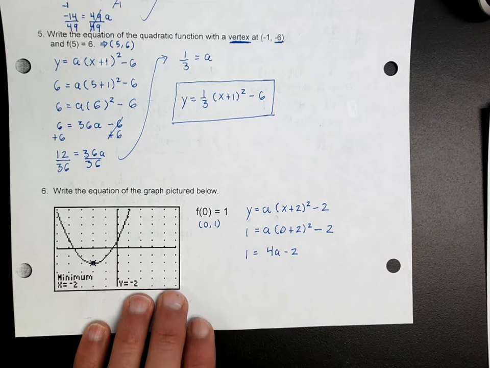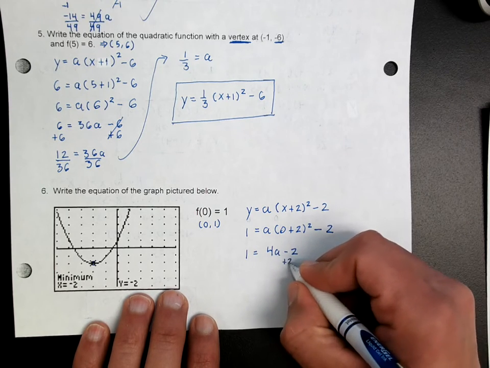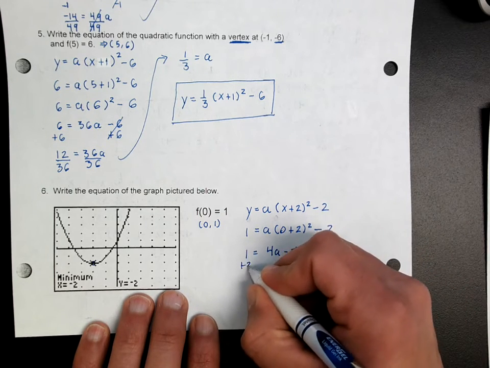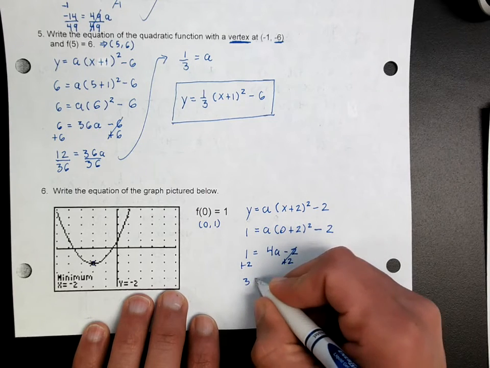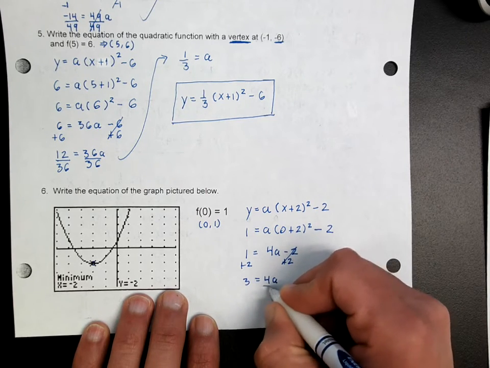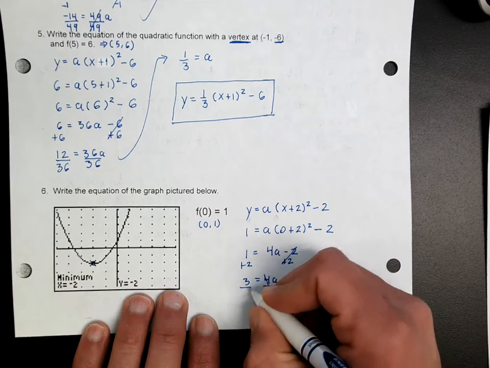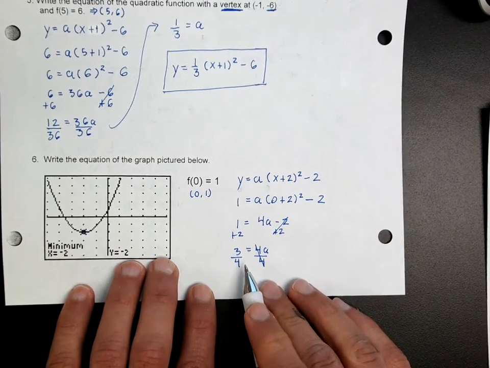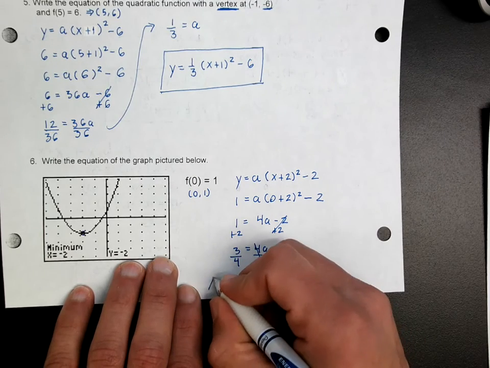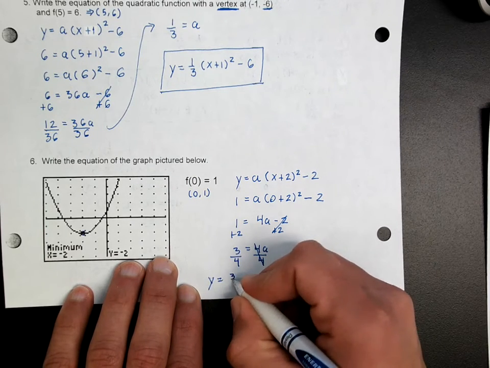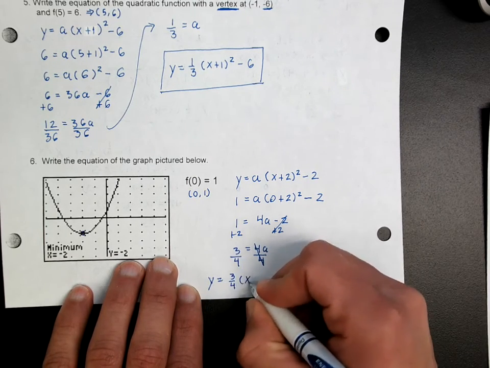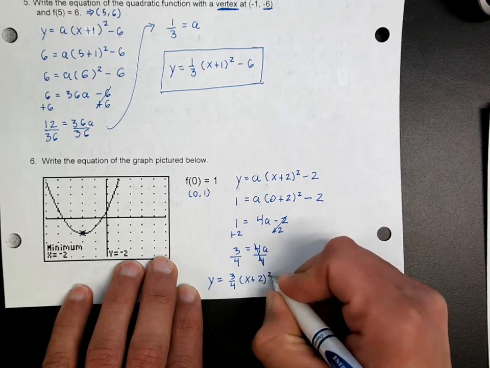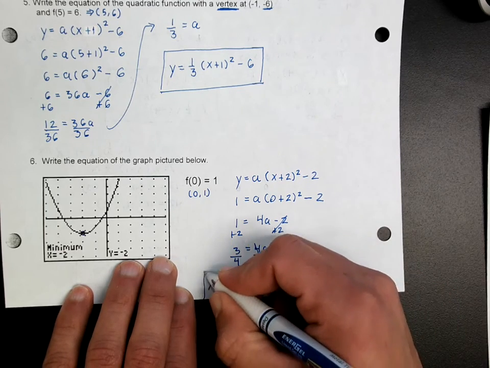Now we can solve for that. So add the 2. So we have 3 is equal to 4a. We're going to divide by 4. So that's going to be our vertical shrink. So y is equal to 3/4 x plus 2 squared minus 2. And this is going to be your answer.